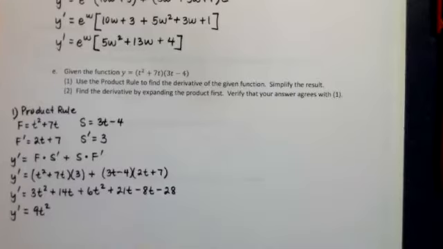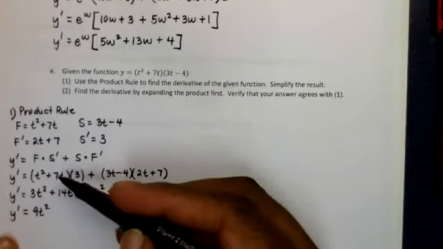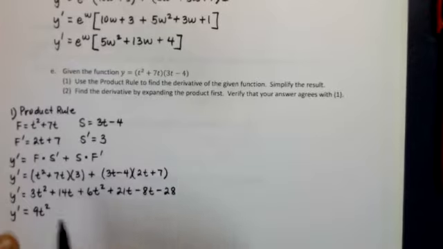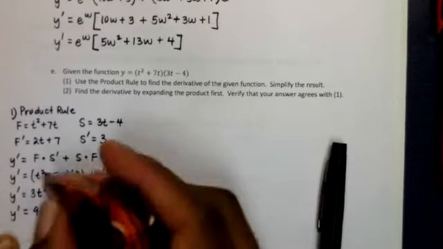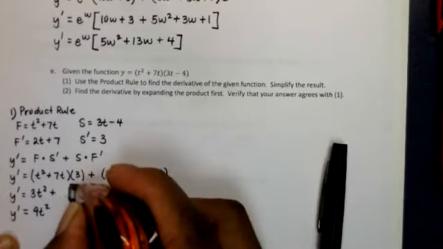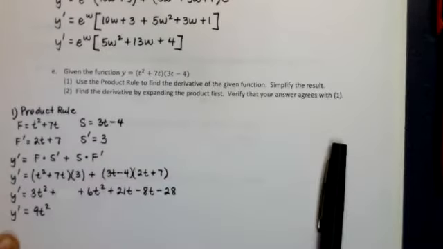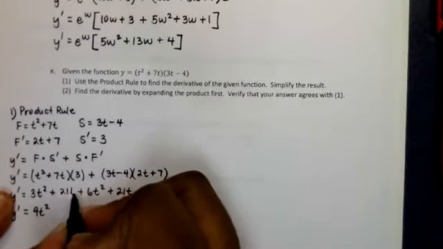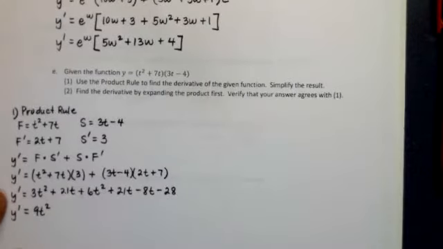Is that right? I see my mistake. When I did 3 times 7t, this should be 21t.